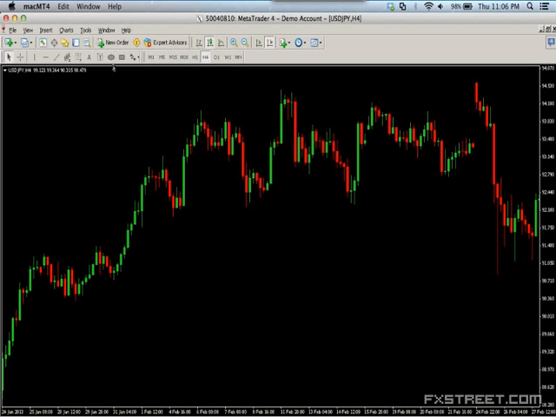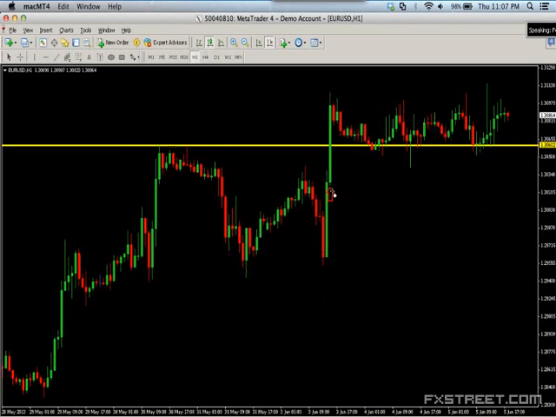Now let's take a look here. Why do we say a big candle break? Okay, if I draw my line up here, I have my resistance here, and then I see this big candle break here. Reason why we say the big candle break is important is because the big candle break tells you that this level has power.